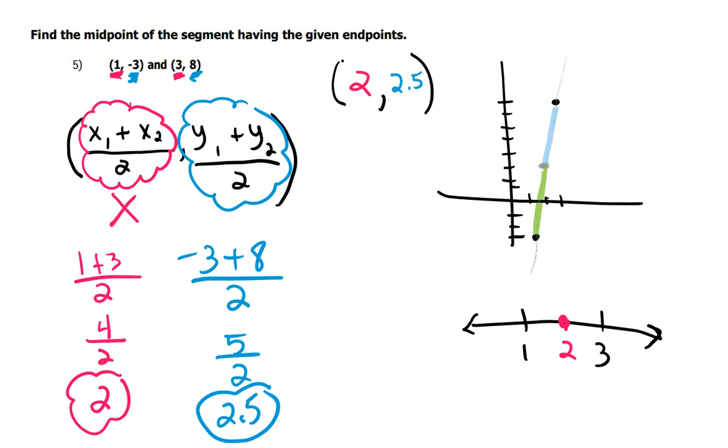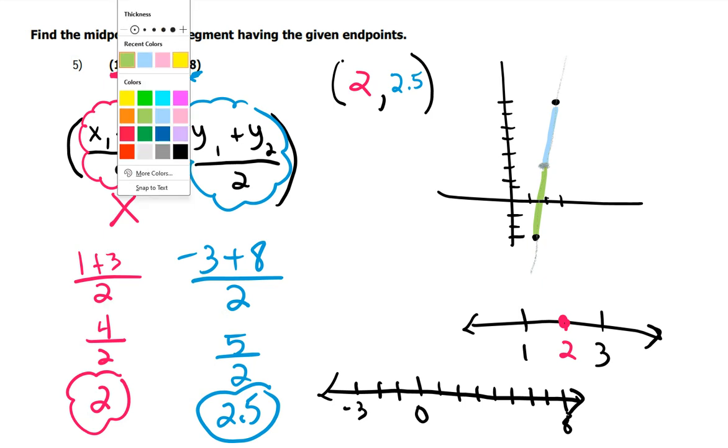And if you look at a number line, like I did with the 1 and the 3, here's 0, 1, 2, here's -3, and counting up 1, 2, 3, 4, 5, 6, 7, 8. You're looking for the midpoint, midway between those 2 numbers. So, let's see.